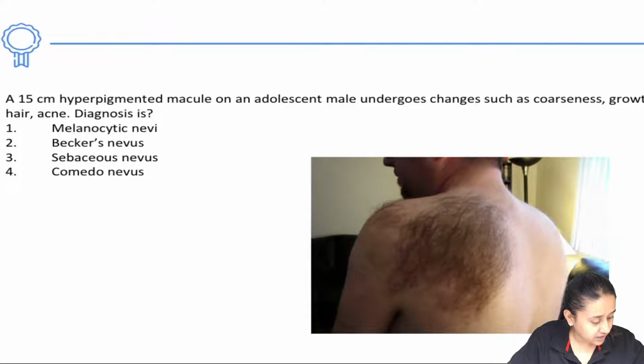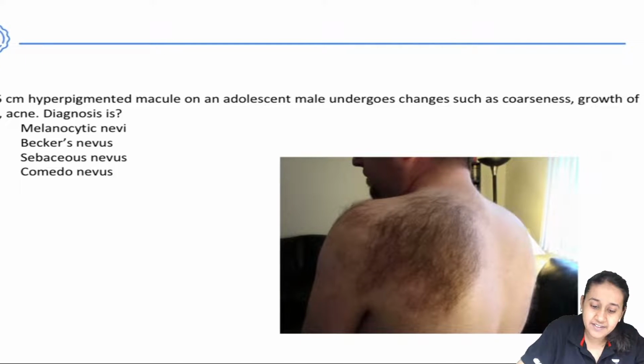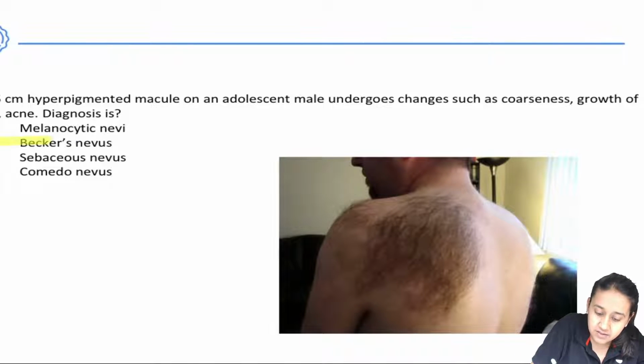Very nice, Aditi, Prakash, Rahul, Neeraj, Karthik. Please remember everyone, the correct answer of this question is option number 2. It is a very classical example of Becker's nevus.